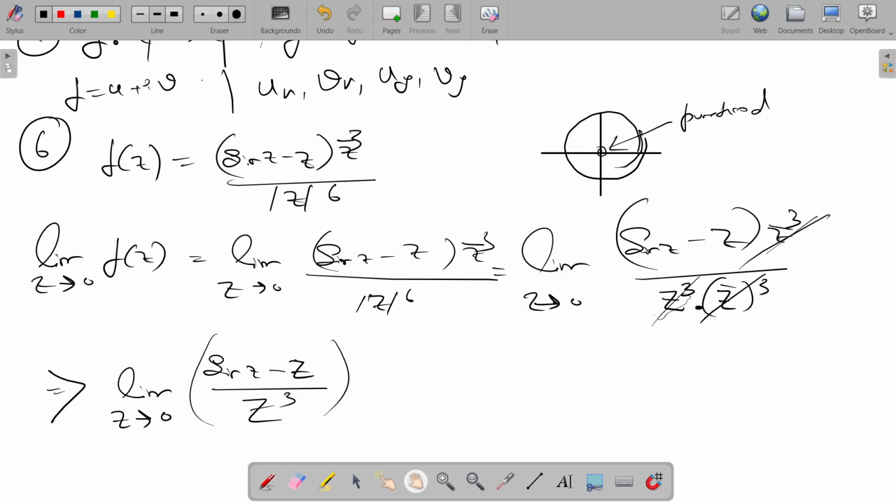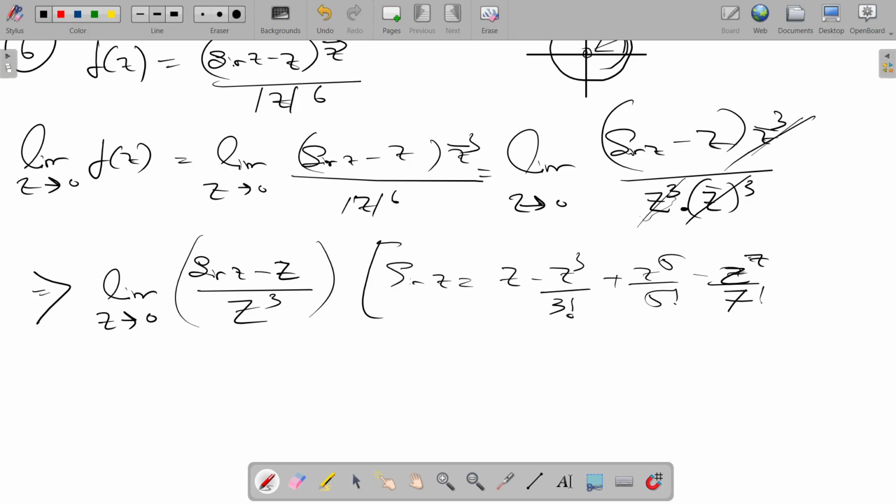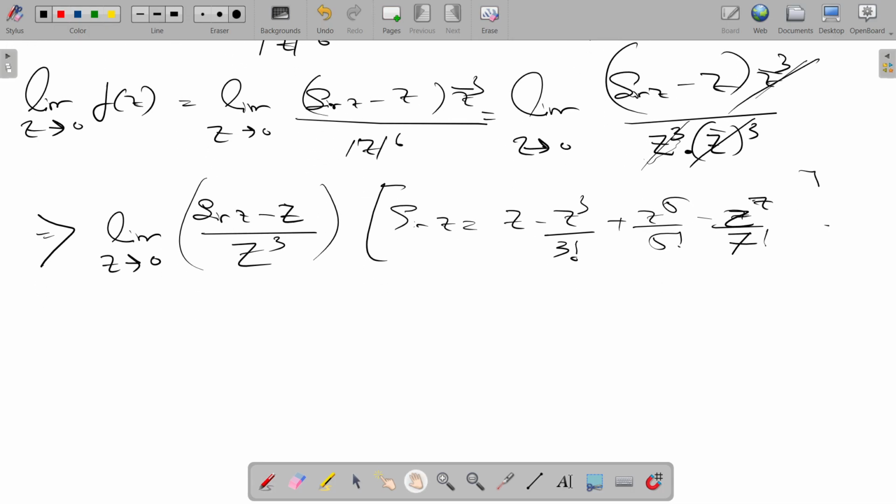For sine z, we have the Taylor expansion: z minus z cube by 3 factorial plus z to the power 5 by 5 factorial minus z to the power 7 by 7 factorial, and so on. We only need the first and second terms, because the rest have higher powers and will tend to zero when we take the limit, since the denominator has a smaller degree.